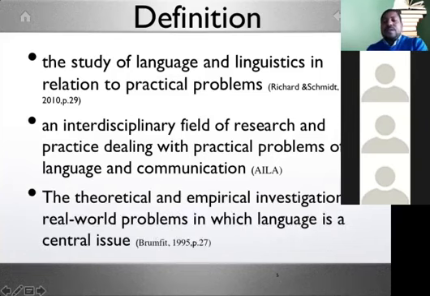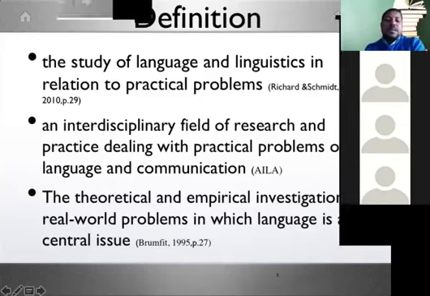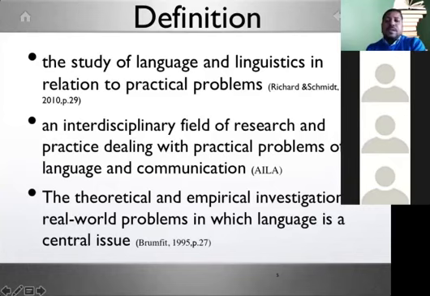The third definition, and the last, which we'll be looking at, is by Bromfitt, 1959, in which he contends that applied linguistics is the theoretical and empirical investigation of real-world problems in which language is a central issue.